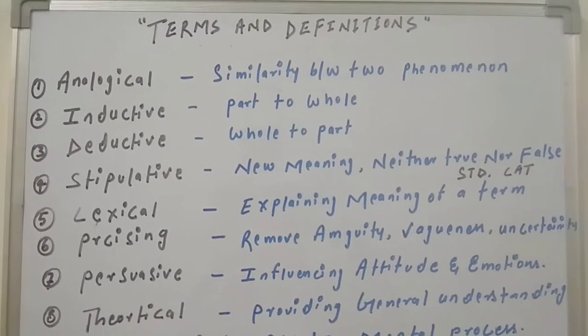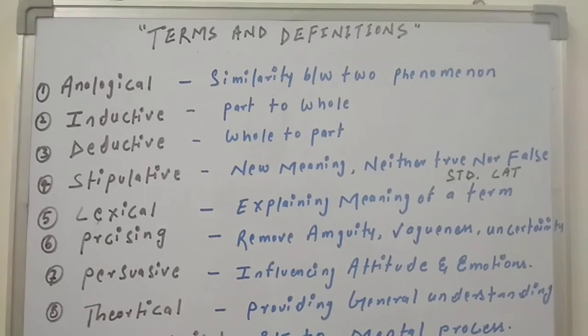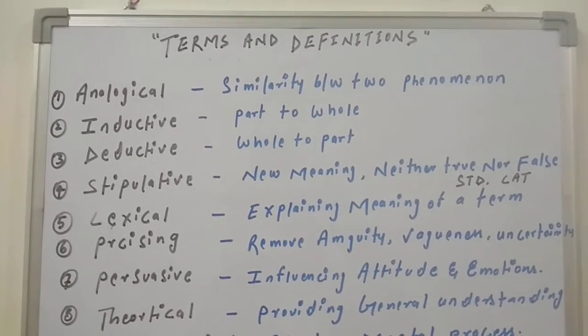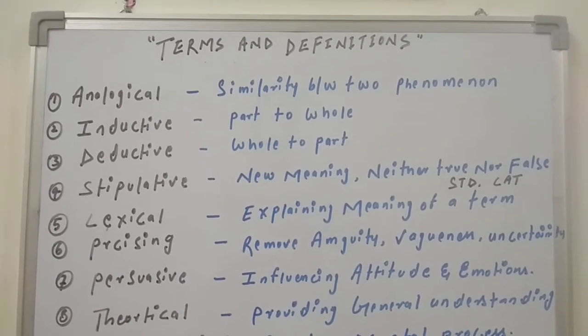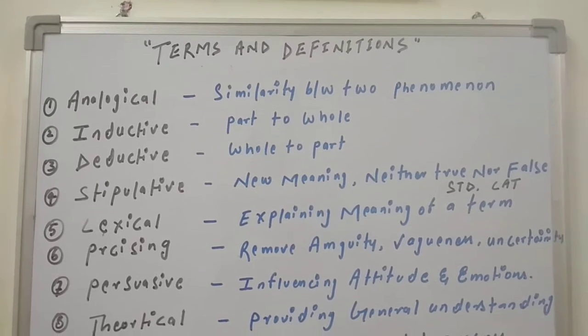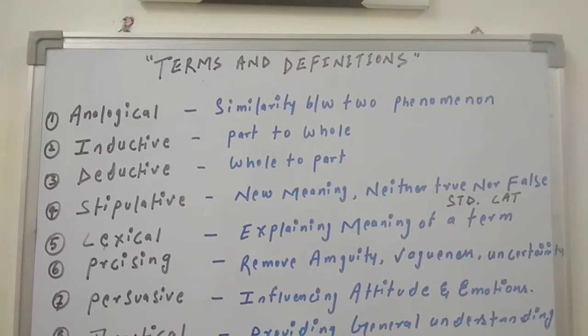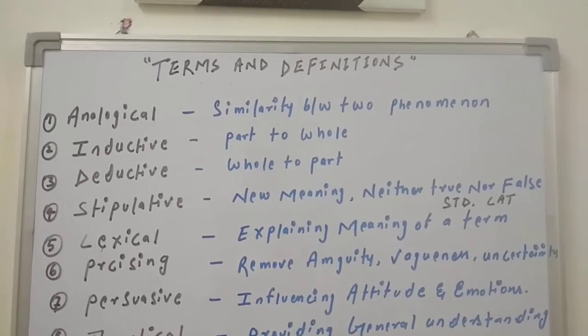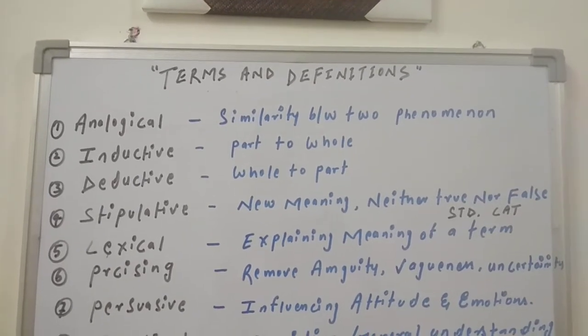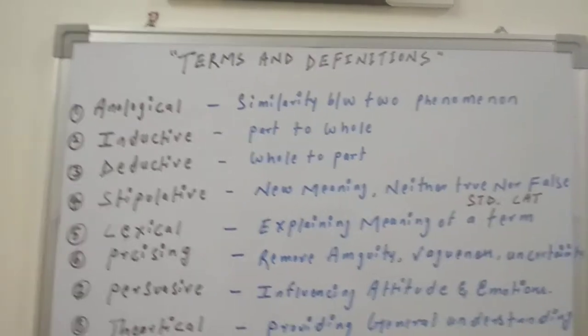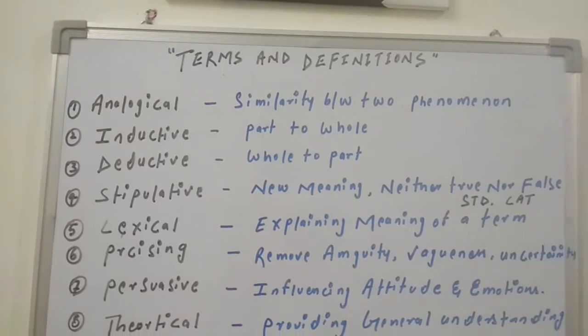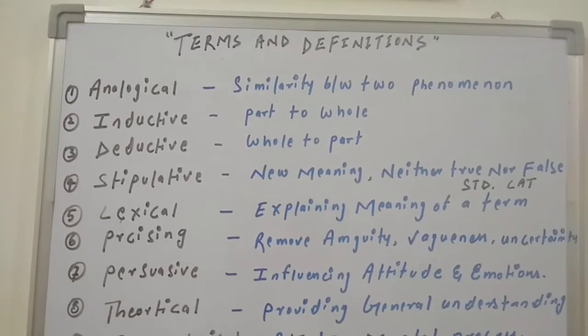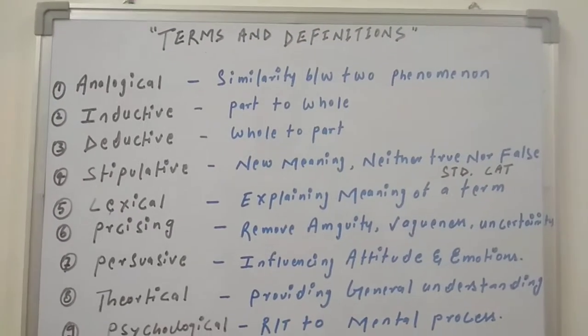Second one is inductive. Inductive means part to whole. Suppose there is a whole paragraph. If I need to draw something out of it, then I know it's inductive in nature. Inductive means part to whole. If you give me a single word, I can write more about it, which is inductive in nature.